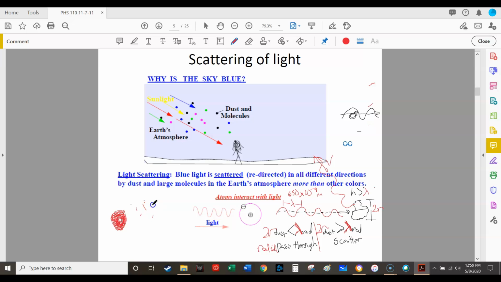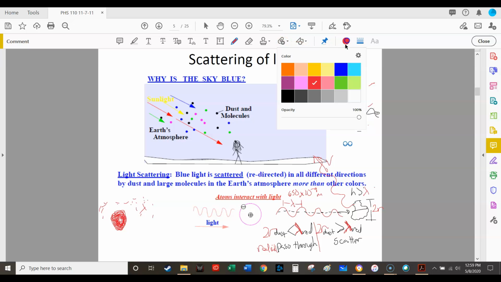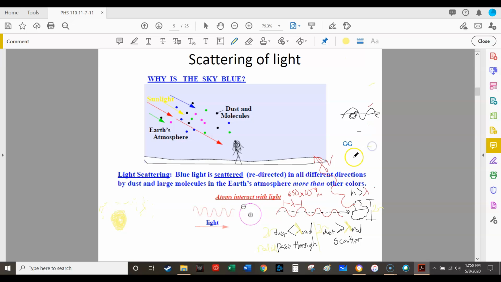But you'll also notice that the sky is going to be a combination of red and also a combination of yellow. So the sky will have some red to it. That means some red is getting scattered, right? If the sky is red, then some of that is being scattered out.